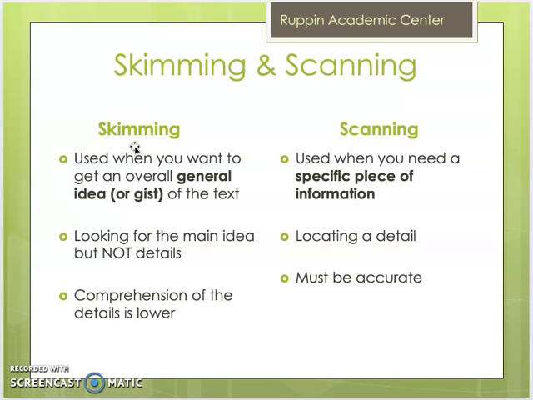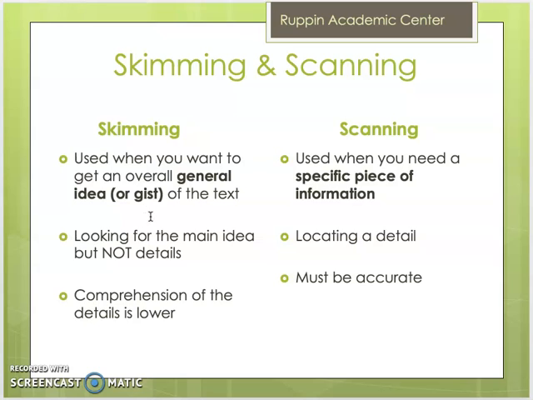With skimming, you use skimming when you want to get an overall general idea or gist of the text. Gist just means the most general, bottom line, basic main idea of the text.